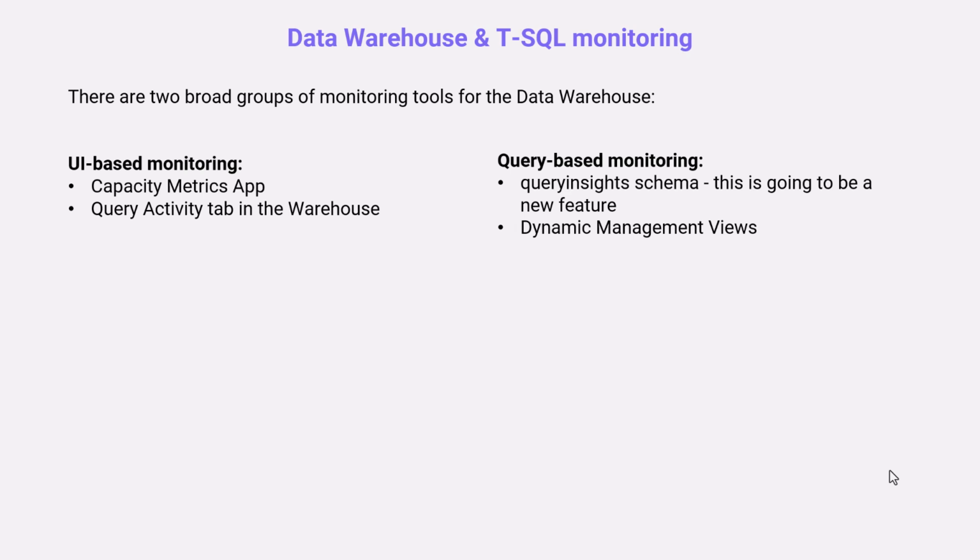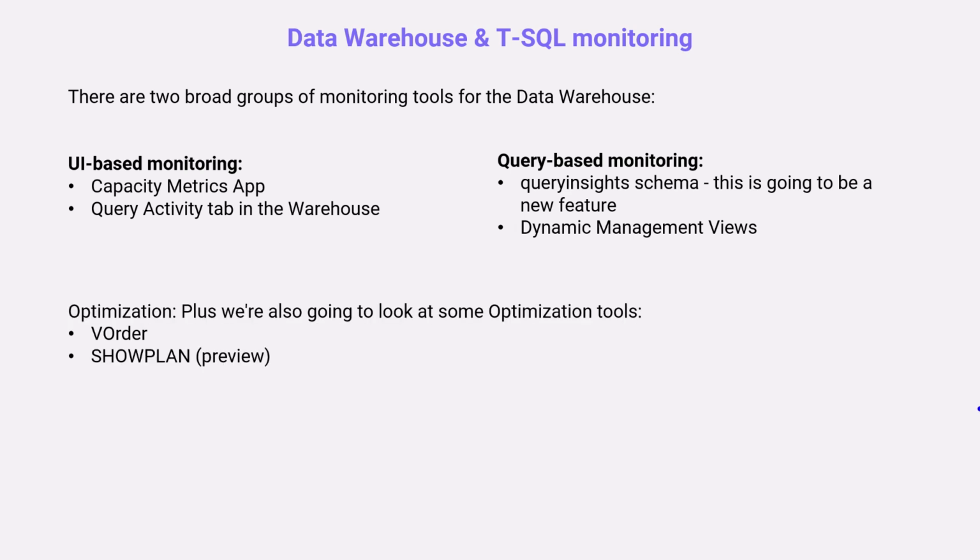If you want to be writing T-SQL to analyze your monitoring data, your logs, then you have the query insights schema, plus some dynamic management views that you can also access. So we're going to have a look at all of those monitoring tools, and then we're going to look at how we can optimize our code and our Delta tables inside a data warehouse using V-ordering, so turning off V-ordering because it's by default on for the data warehouse.